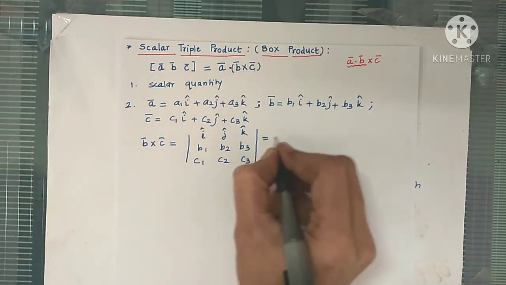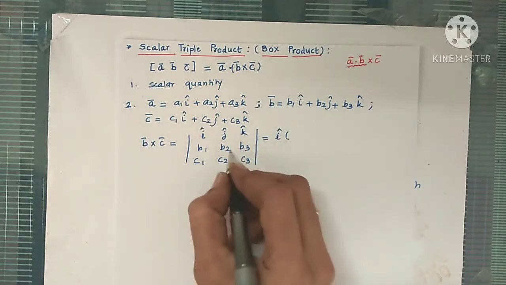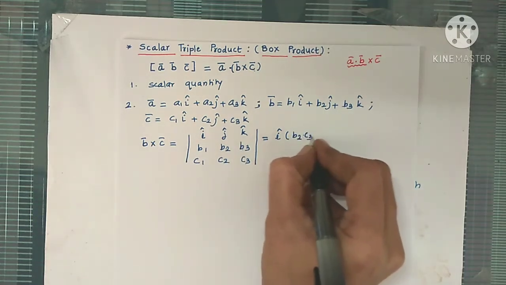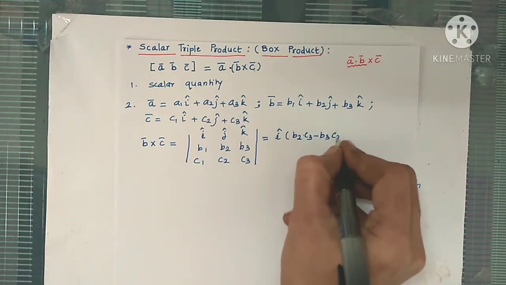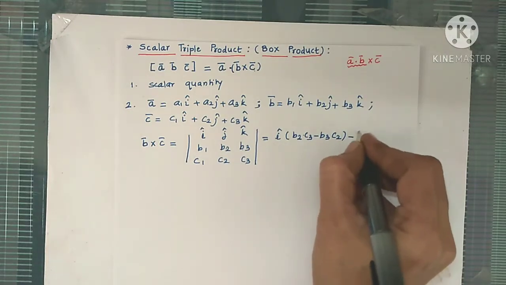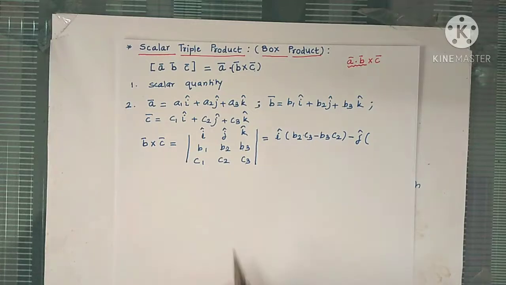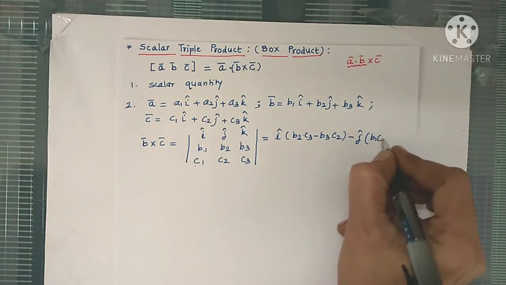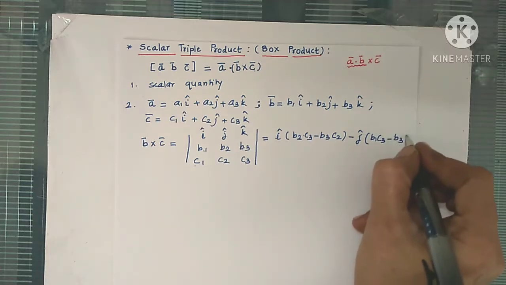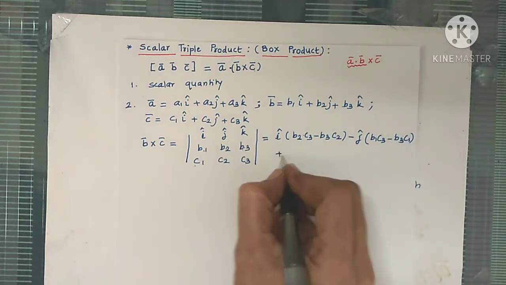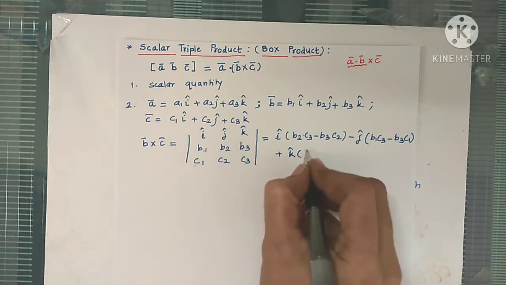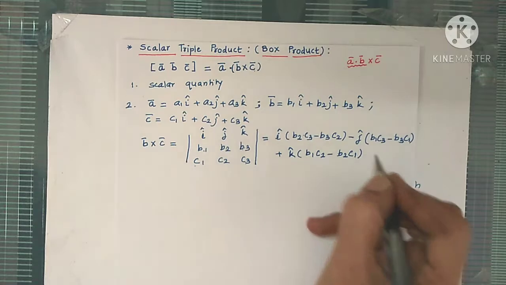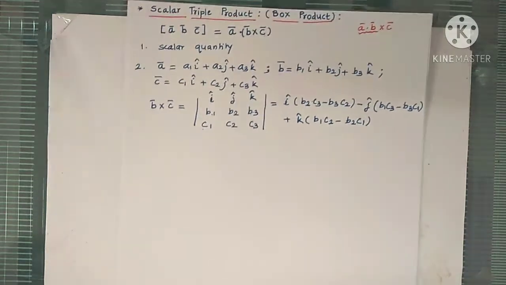Expanding the determinant, we get i cap (b2 c3 minus b3 c2) minus j cap (b1 c3 minus b3 c1) plus k cap (b1 c2 minus b2 c1). Okay, so this is b bar cross c bar.